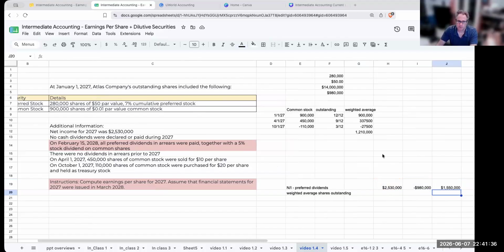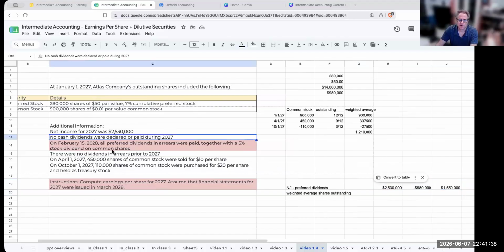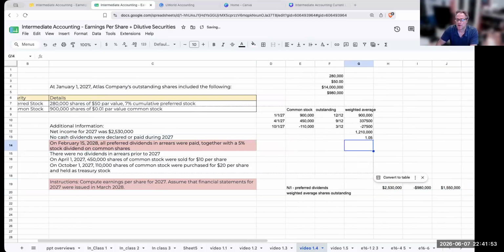But I have a problem here, right? We had a stock dividend. Even though the stock dividend occurred on February 15th, 2028, it took place prior to the financial statements being issued. So my weighted average shares outstanding is going to be 1,270,500 to make effect for that split.